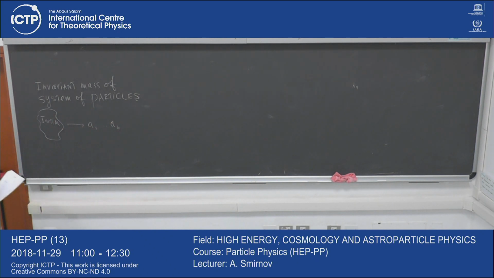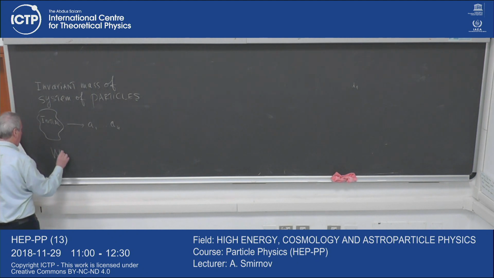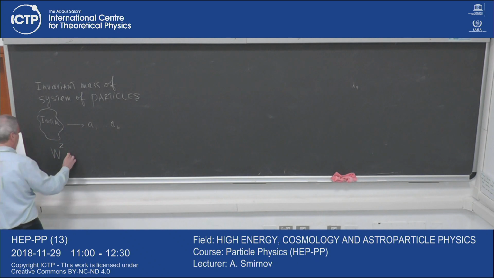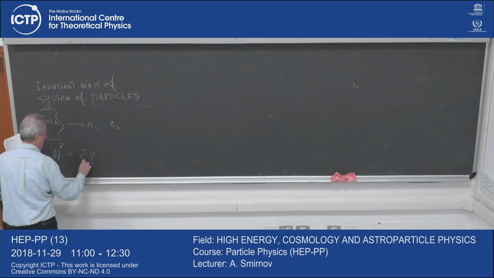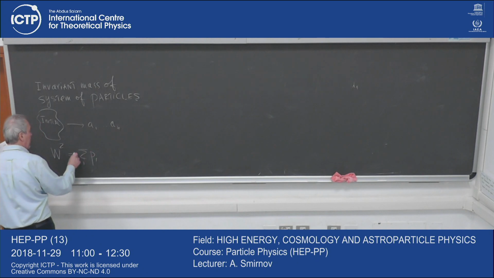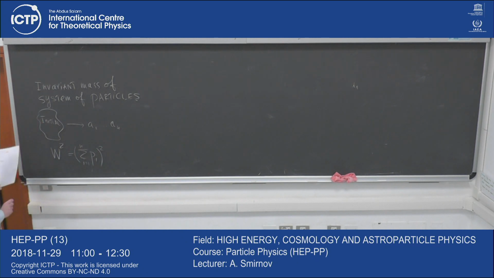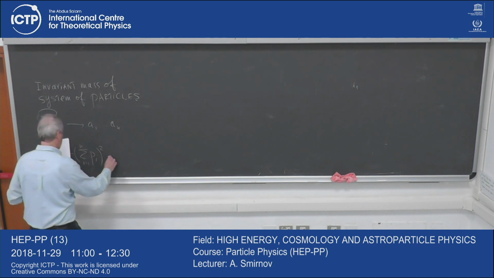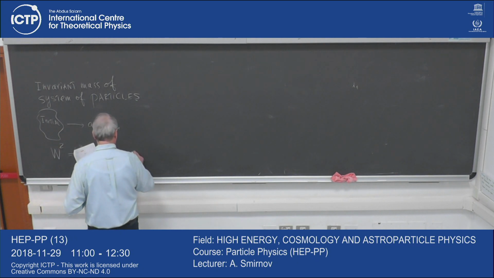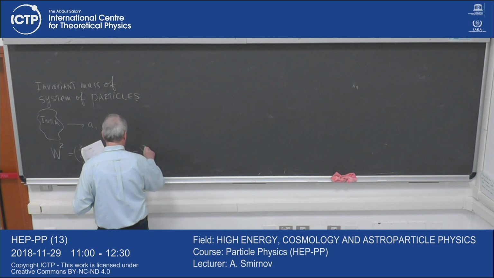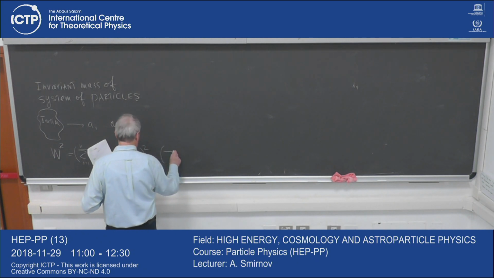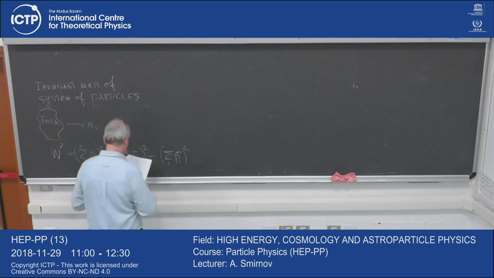So now we consider the inverted situation, so we are now considering the final state particles. We can define the following invariant, W squared, which is the sum over 4-momenta of particles in the final state, from 1 to n, squared. Which again can be written as the sum of energies squared minus the sum of momenta squared.